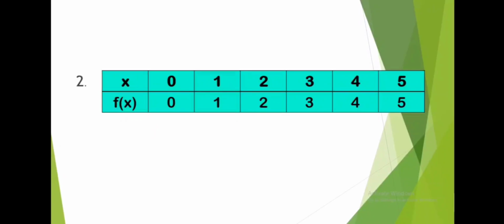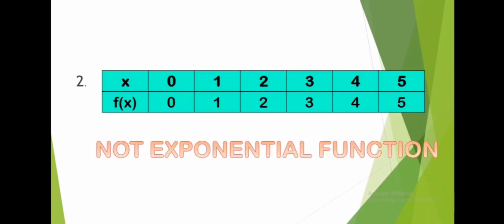Do they have a common ratio? The answer is no, they don't have a common ratio, so that is why this table of value is not an exponential function. Let's proceed to item 3.